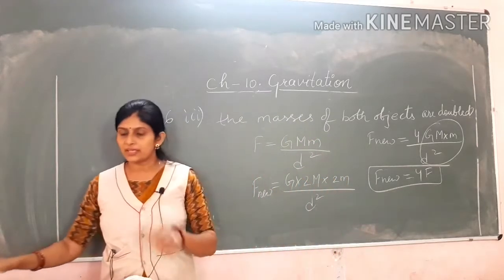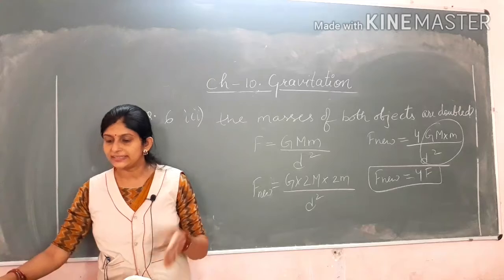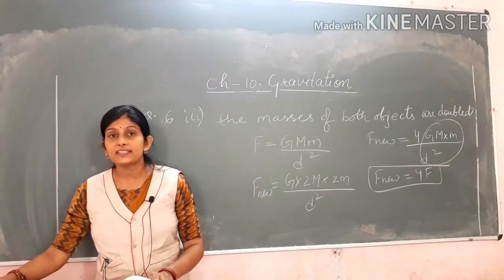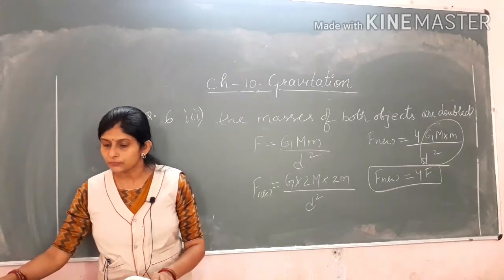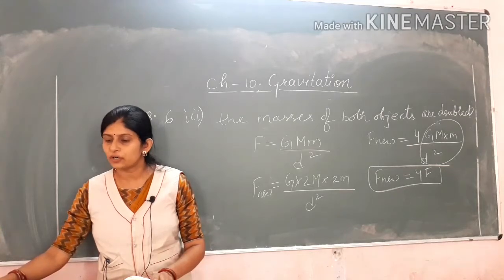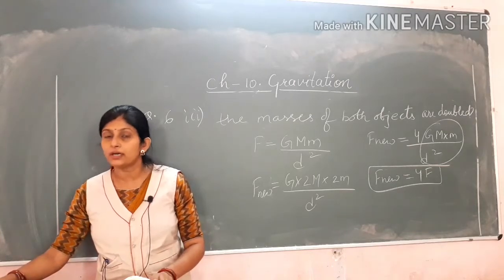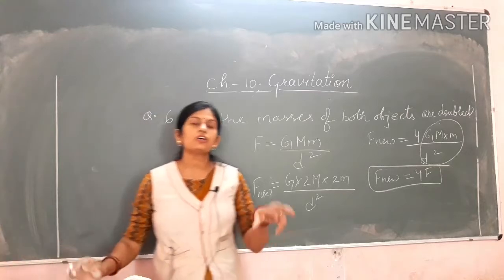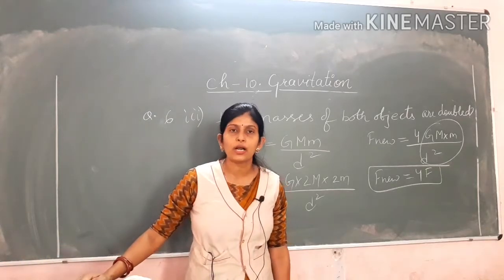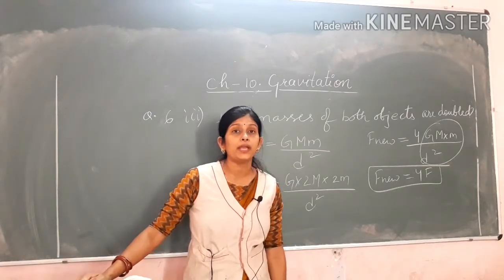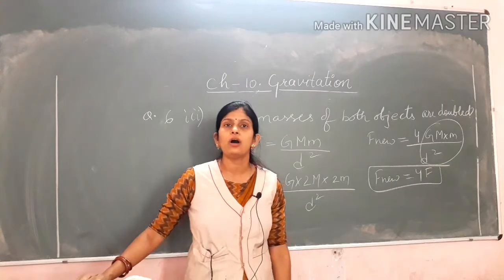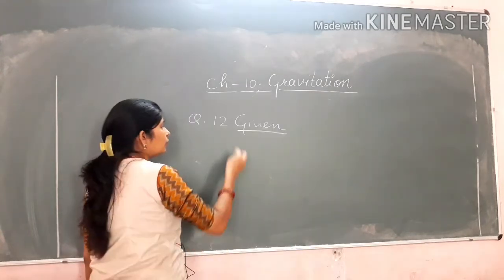So this same thing is given in the question, and then it is asked what is the weight in Newton of a 10 kilogram object on the surface of moon and on the earth. So mass of the object is given, that is 10 kilogram, and you have to calculate its weight on earth as well as on moon. Given, what is given?